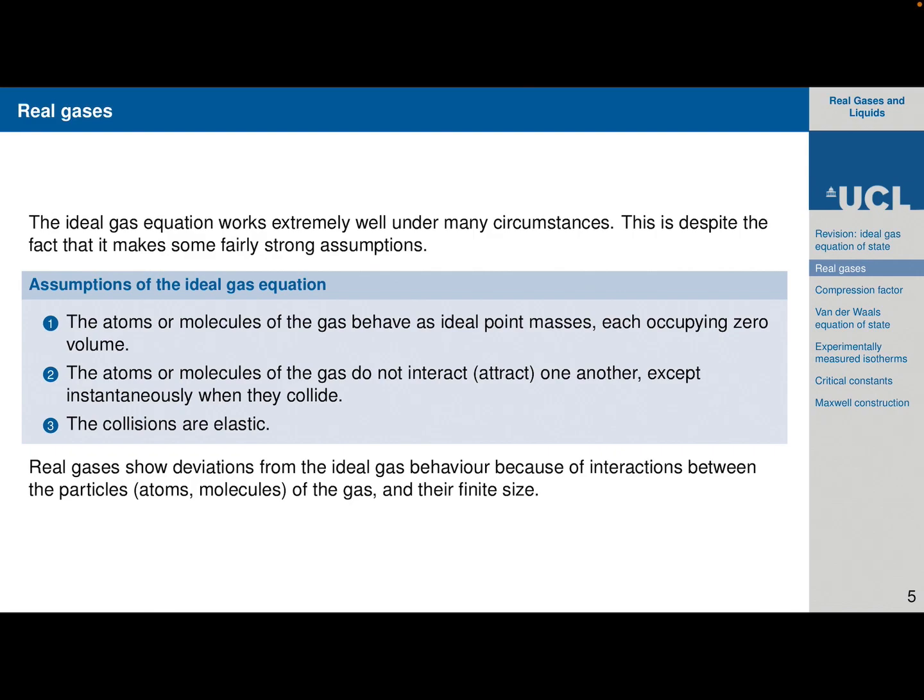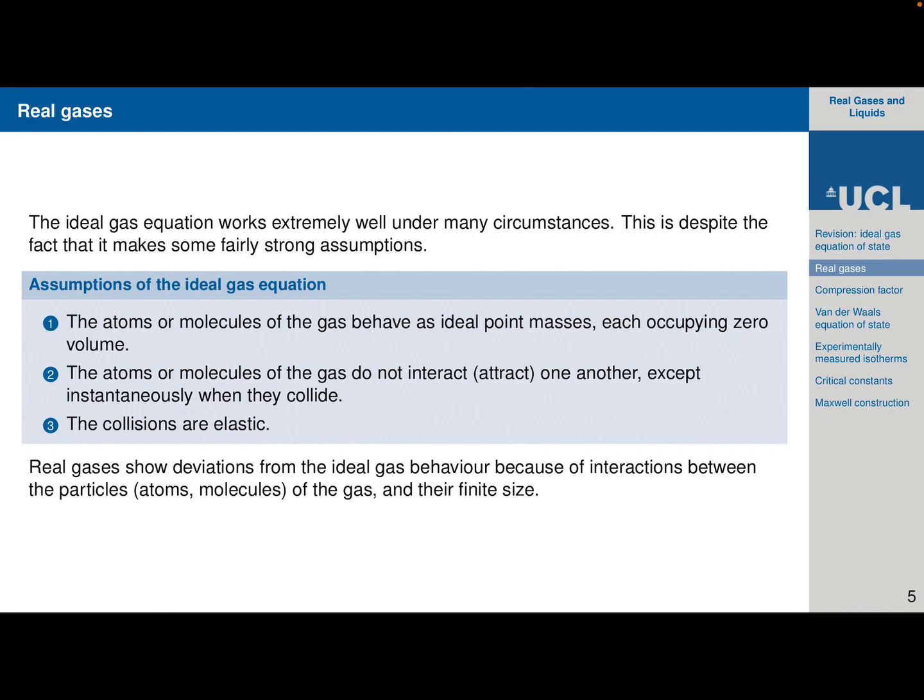So the first was that the atoms or molecules of the gas behave as ideal point masses, okay, but each particle occupies no volume, right? So they're infinitesimally small particles. And that's obviously not realistic. We know that real atoms and molecules occupy some amount of physical space. Okay, so a very small amount of physical space, but we have a very large number of molecules or atoms in our gas.